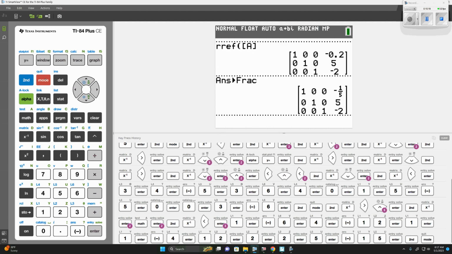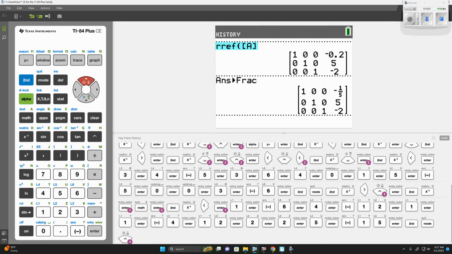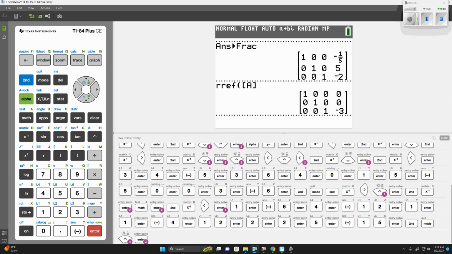Quit. Then we can do the same thing. RREF matrix A, and we get this here, so 0, 0, negative 3. Any questions on any of these here?